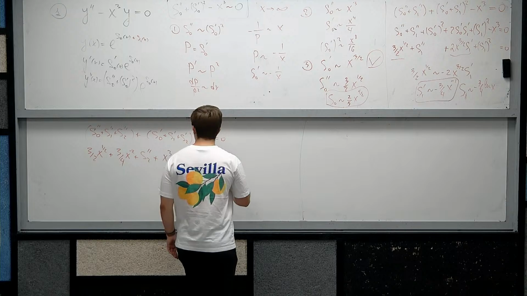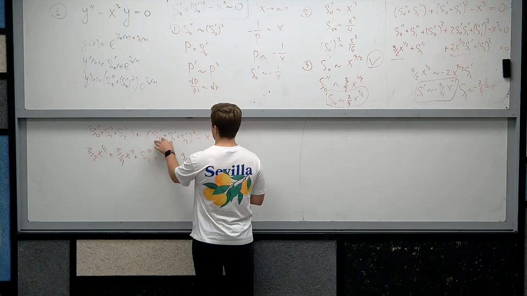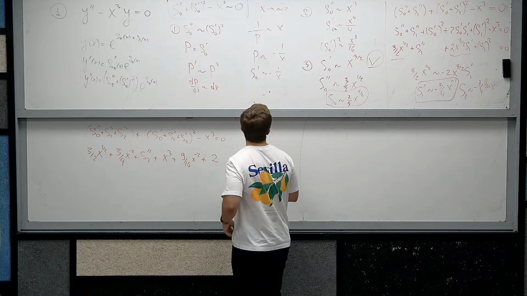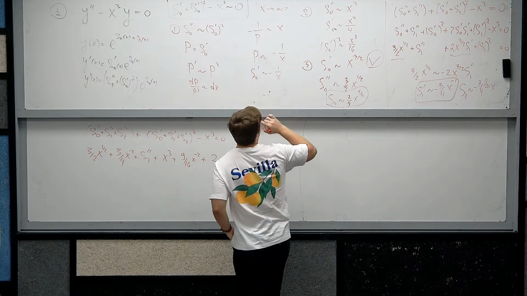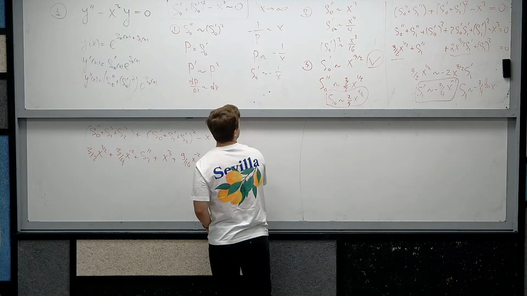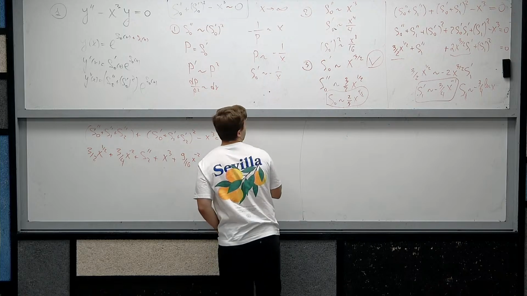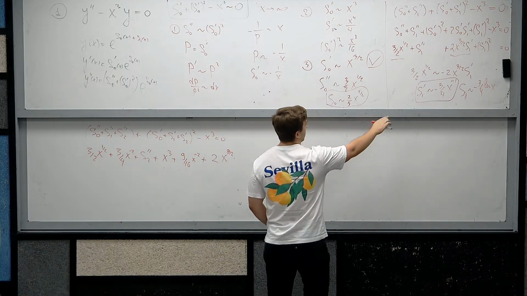So then I have two S naught prime and S1 prime. S0 prime is this one, x to the 3 halves, and S1 prime is this one.